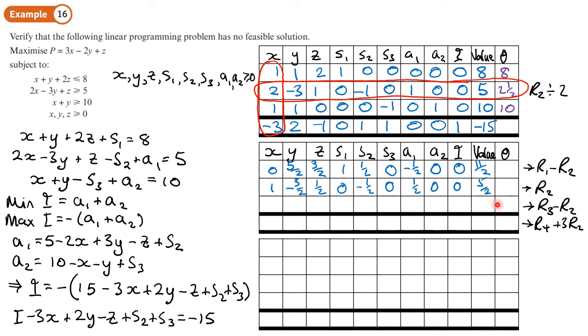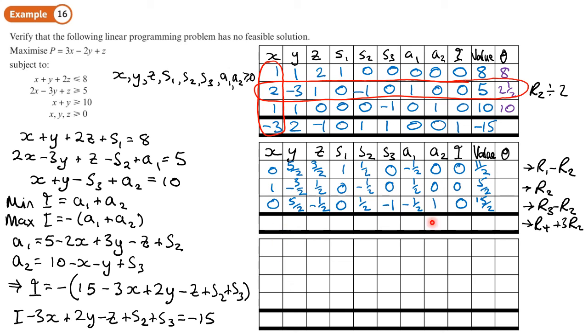In row 3, when we take away row 2, we will get 0, 5 over 2, negative a half, 0, a half, negative 1, negative a half, 1, 0, and then 15 over 2.